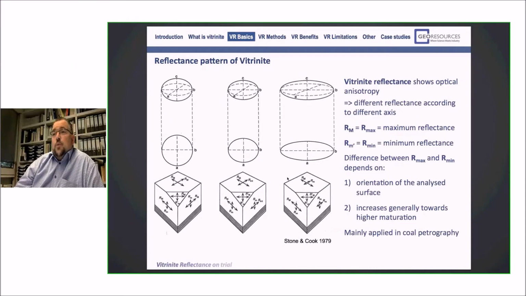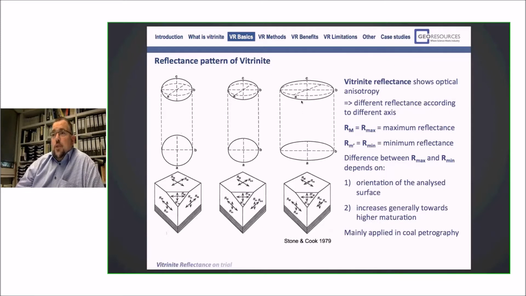One point that we have to keep in mind is the anisotropy of vitrinite. The reflectance is not only differing from maturation, but it's also differing according to the different axes of our vitrinite. In vitrinite, we have a long axis and a short axis.